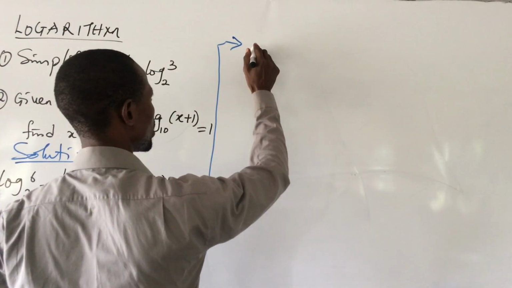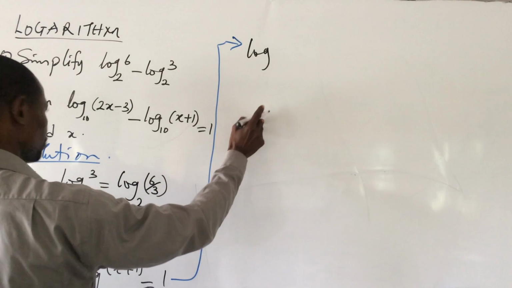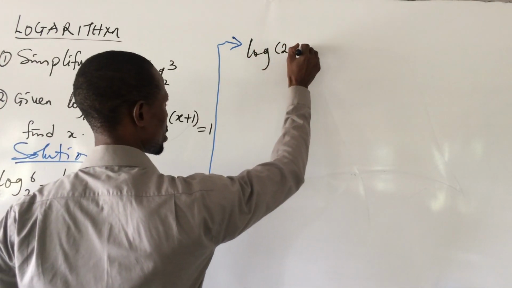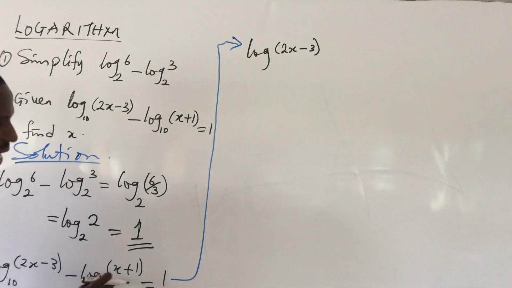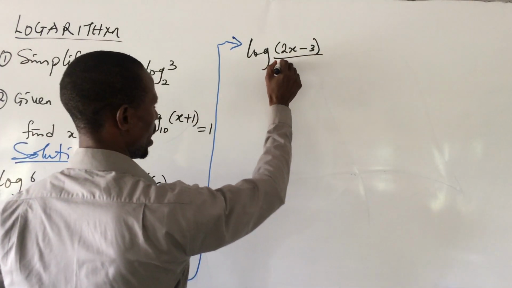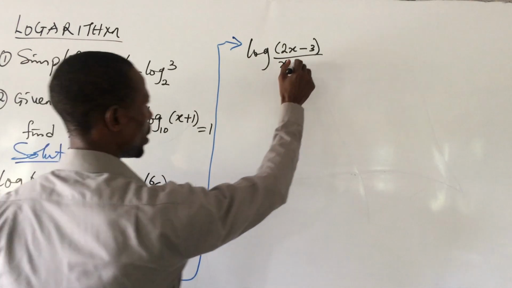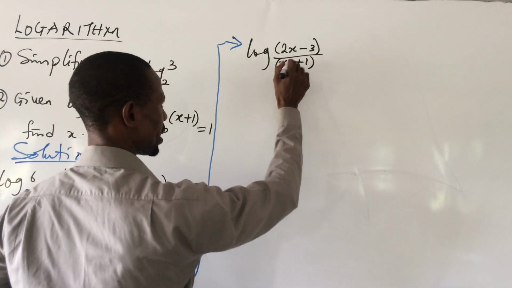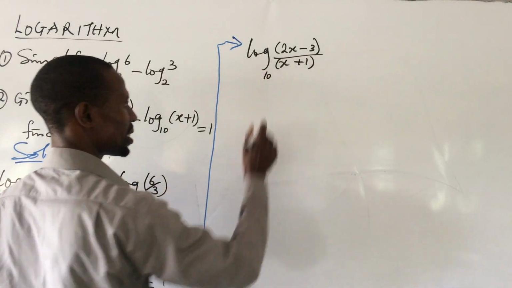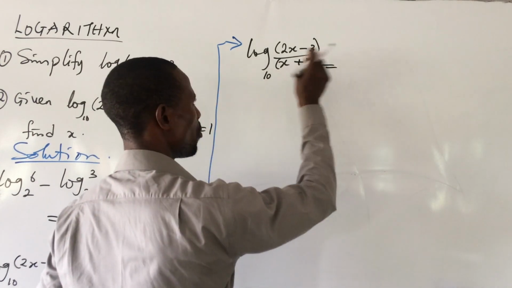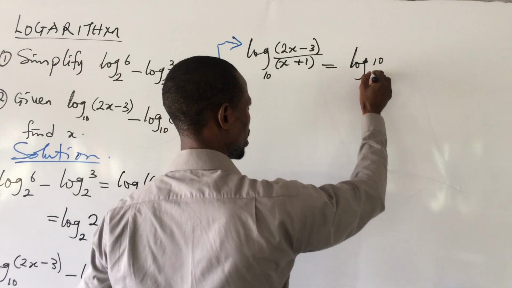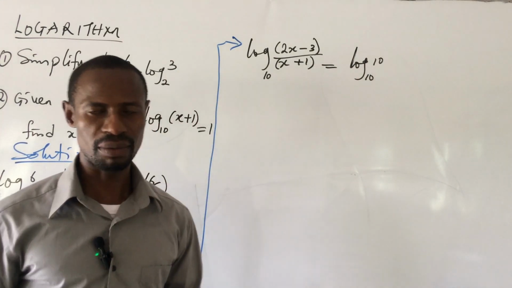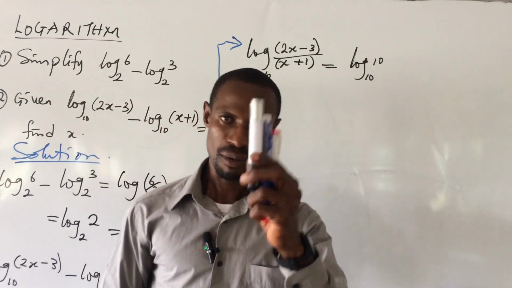This will give us log of (2x minus 3) divided by (x plus 1) to base 10 equal to, we introduce log to base 10 on this side. This will give us log 10 base 10 because the log of any number base itself is 1.